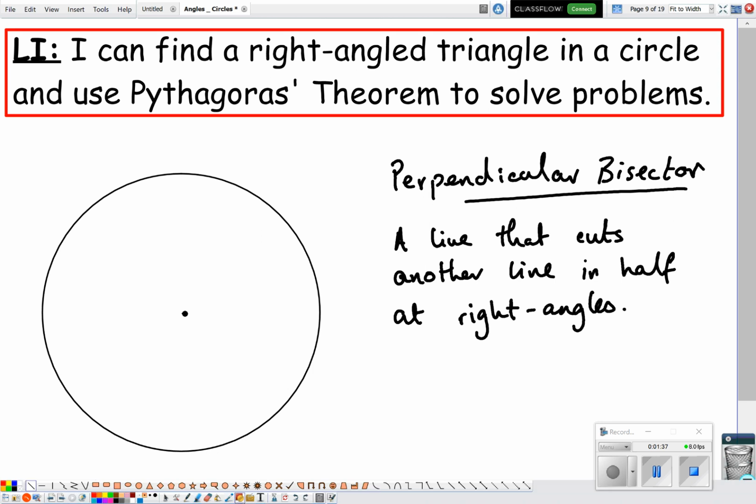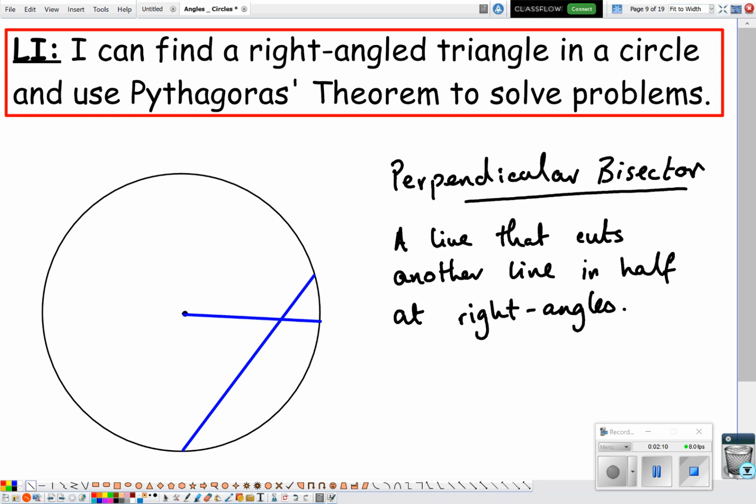To show you an example of a perpendicular bisector on the diagram here, we'll be using these sorts of lines to help us solve the problems that you're going to see in the next couple of examples. Let's take a wee look here. I'm going to put on a chord line. We've got our chord, and from the center I'm going to draw out a radius.